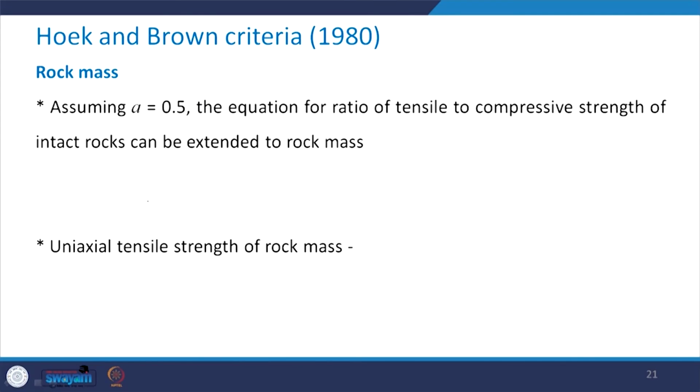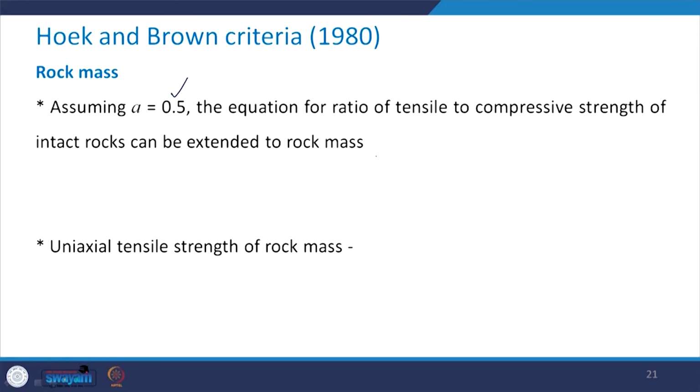Then, assuming a is equal to 0.5, let us try to find out the equation for the ratio of tensile to compressive strength of the rock mass. So, first let us try to see what was that equation for the intact rock.